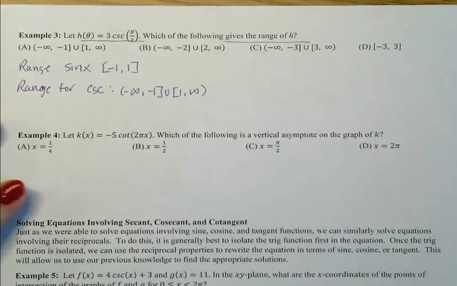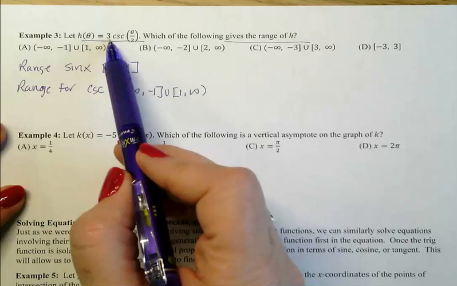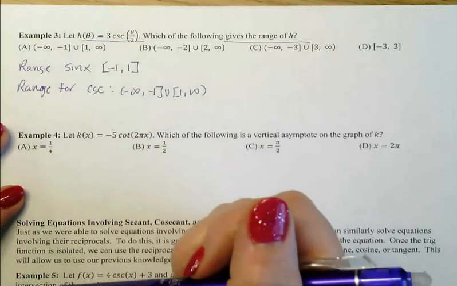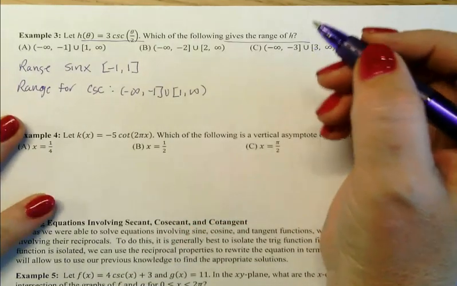So basically what we're thinking about here is, what's this transformation 3 doing to my graph? And we know that that's a vertical dilation of 3. So we know that that's going to change the range of my function.